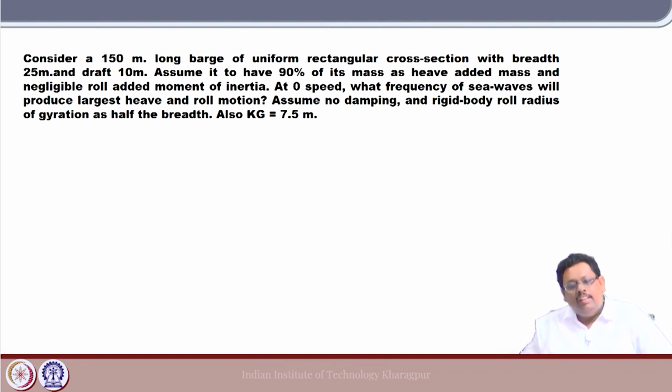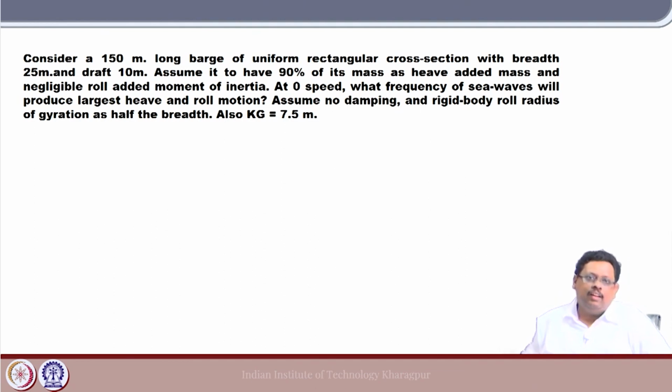Assume that 90% of the mass can be considered as added mass, right. It says that at zero speed, at what frequency of sea waves will produce the largest heave and roll motion, and also it is given that there is no damping, and that the rigid body roll radius of gyration equals half the breadth. So, it is half of 25, which is 12.5, and KG is also given.